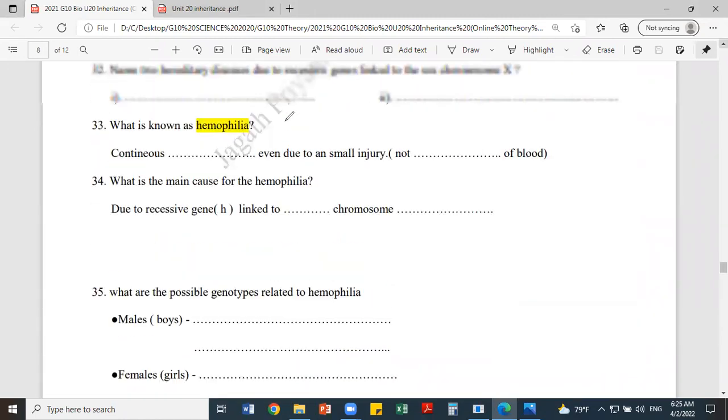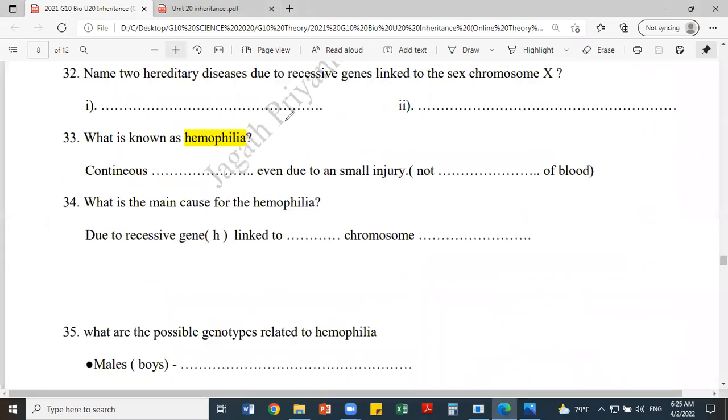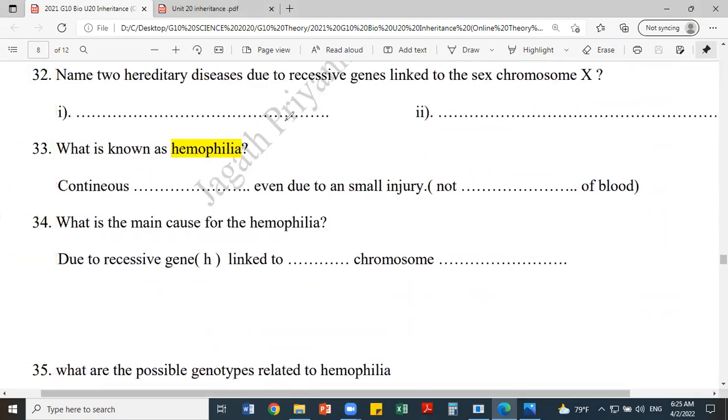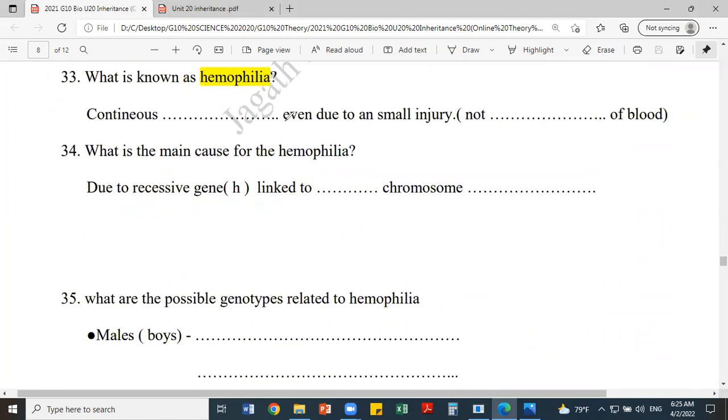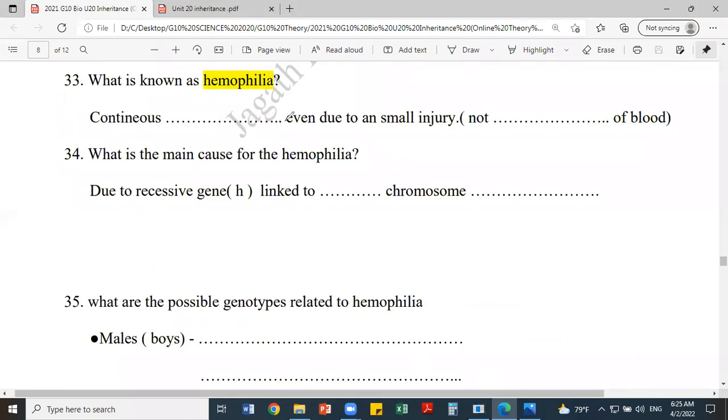Look at the screen. This is what happens in hemophilia. The main problem, the symptom, is what?